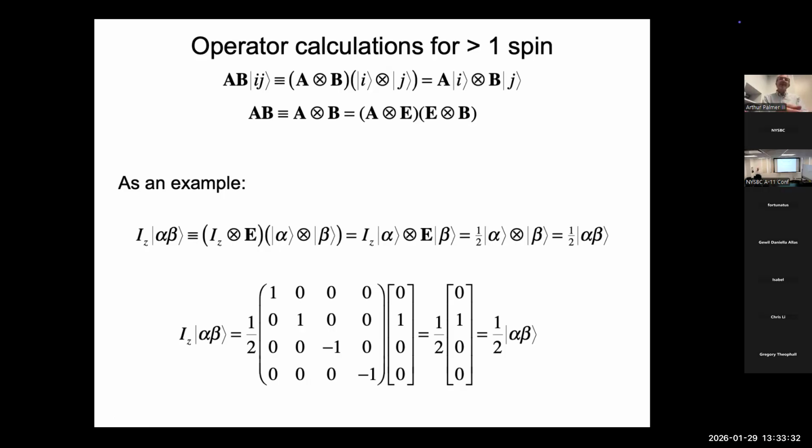Similarly, if I wrote SZ here, I have to imagine that there's an E on the other side. And if I have 3 spins, then there could be 2 E's running around. I have to keep the ordering always the same. And that's really the only tricky bit in NMR.